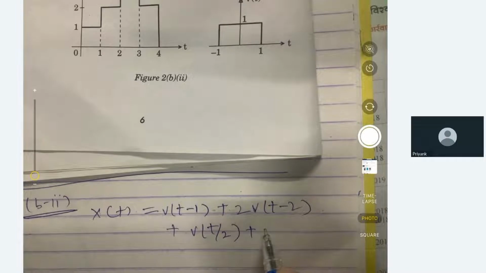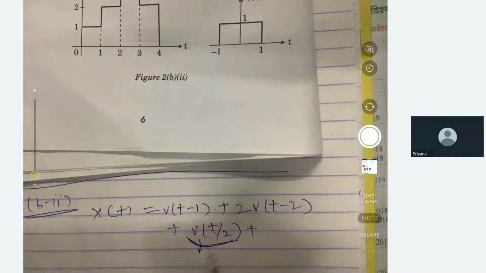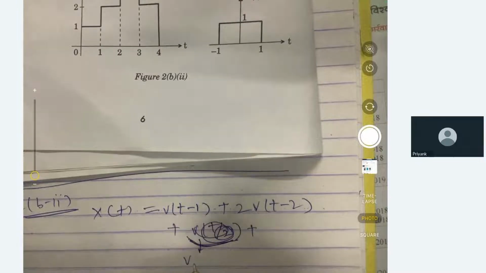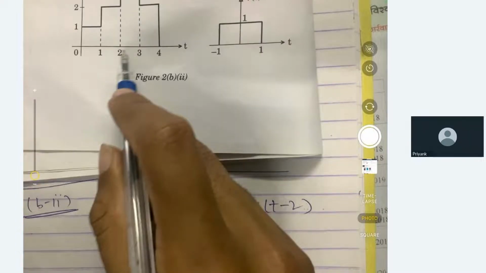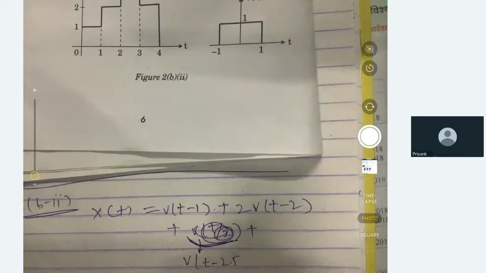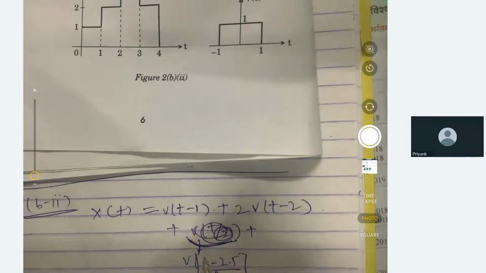Okay, it will not be like this. It will be v of (t minus 0.5) divided by 2, if I am not wrong.